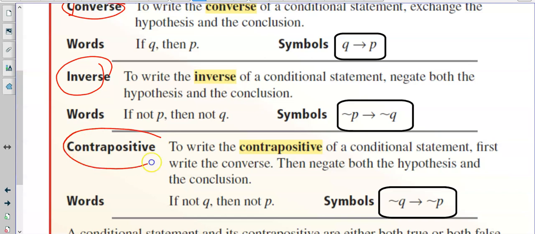And then the contrapositive. All right? It says to write the contrapositive, first write the converse. Okay? So we're going to flip it first. And then negate it. So the contrapositive is kind of like combining the converse and the inverse.